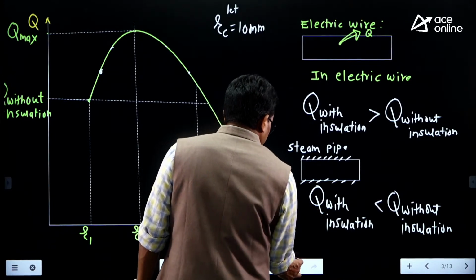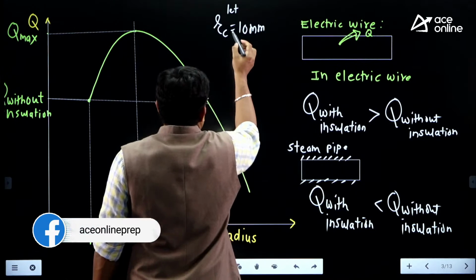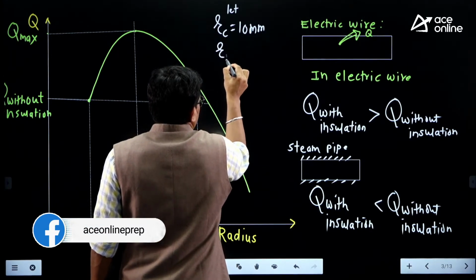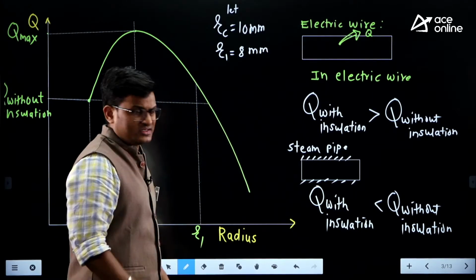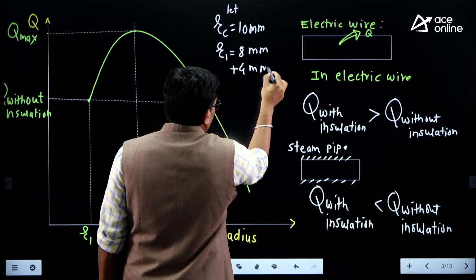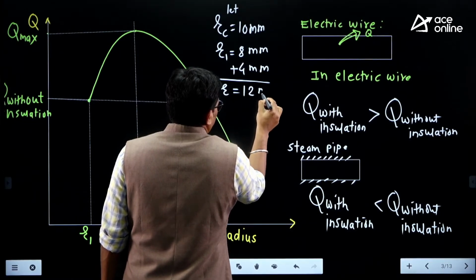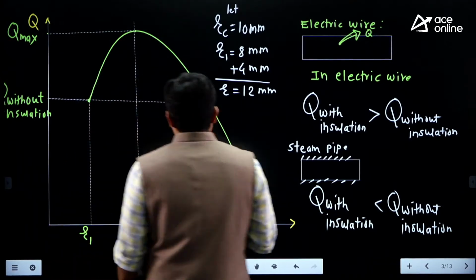So please listen. Suppose your RC is 10, and suppose I manufacture at 8 mm, and then I add 4 mm of insulation. So what is the new R? Now the new R is 12 mm. Please listen carefully.